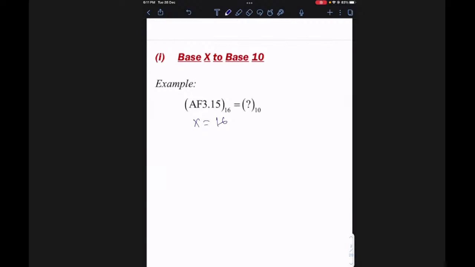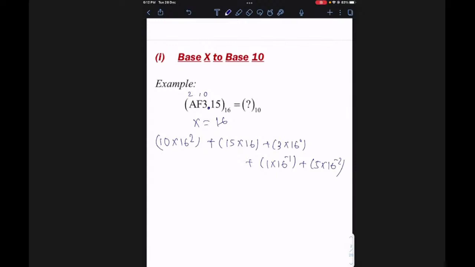So you know very well, A stands for 10. So these are 16 power 0, 16 power 1, and this is 16 power 2. So A is 10, so 10 into 16 square, plus what is F? F is 15, so 15 into 16, plus what is 3? 3 into 16 power 0, plus 1 into 16 power minus 1, plus 5 into 16 power minus 2.